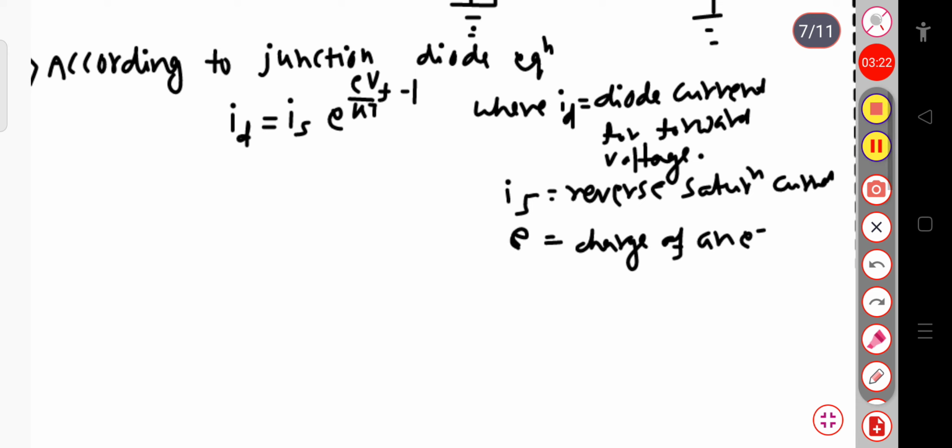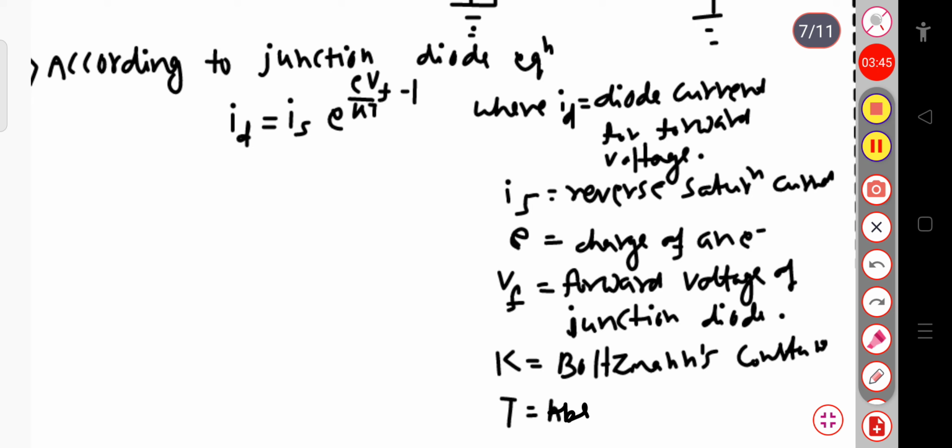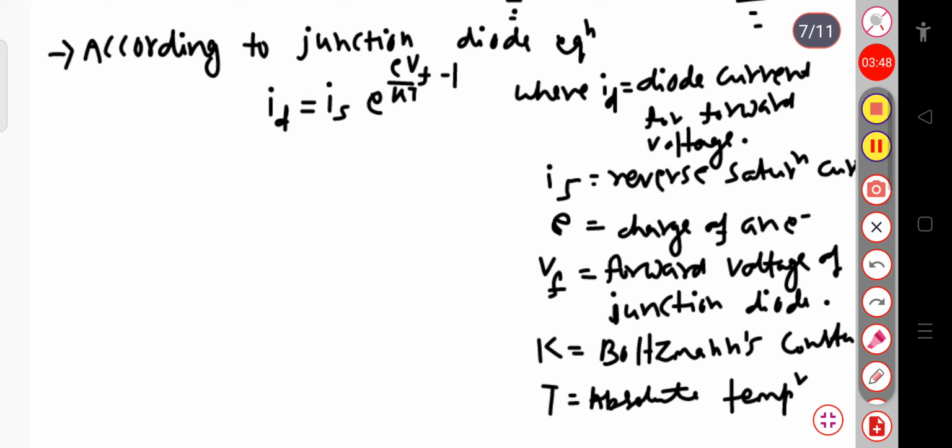Vf represents the forward voltage of the junction diode, K is the Boltzmann constant, and T represents the absolute temperature. Let us write this as equation number 1.